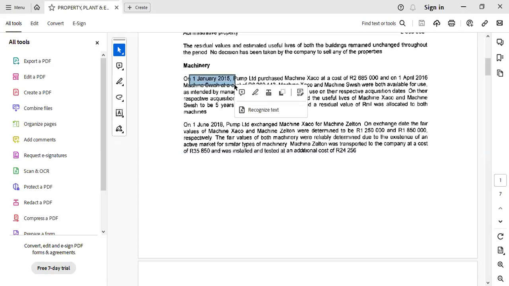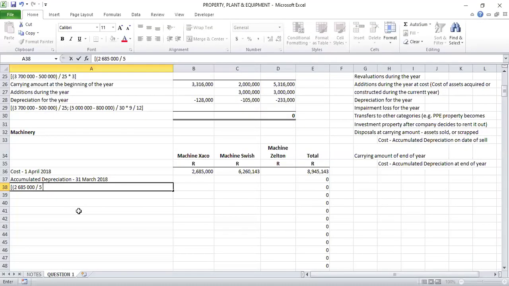The whole of 2015, remember, it was bought on 1 January. 2015, 2016, 2017, full 3 years. And then 3 months in 2018 up to 31 March 2018. So it was 3 years and 3 months. So you'd say divided by 5, multiplied by.